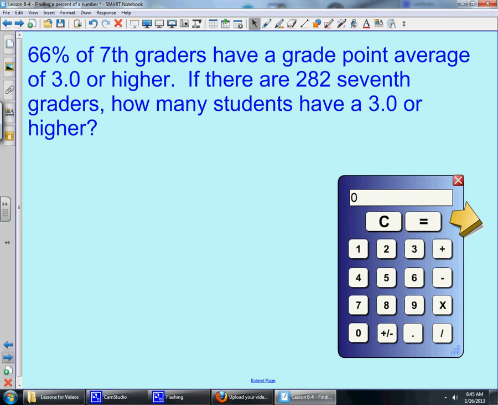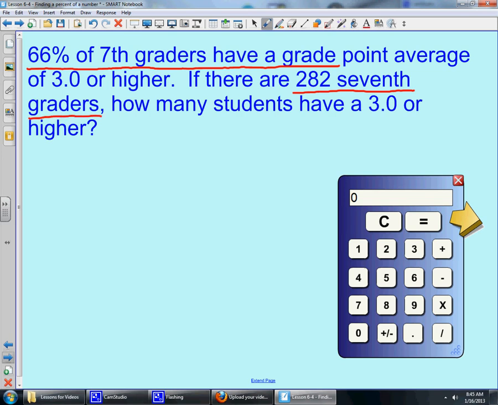Another story problem. 66% of 7th graders have a grade point average of 3.0 or higher. So right away I look at this and I realize this part is important. 66% of 7th graders have a GPA of 3.0 or higher. If there are 282 7th graders, how many students have a GPA of 3.0 or higher?